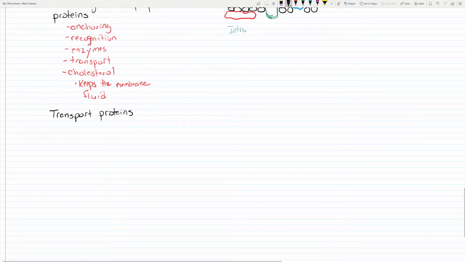A lot of them have these things called receptors. Okay, and what the receptors do is they will bind and react to ligands, or ligands, whatever you want to call it.